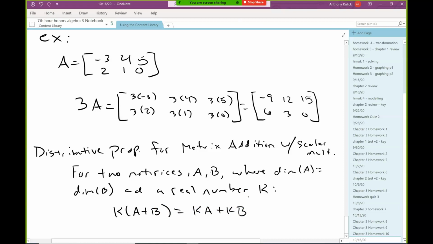And there's really no caveat here other than you need to be able to add the two matrices together. The distributive property works exactly the way that it did before.